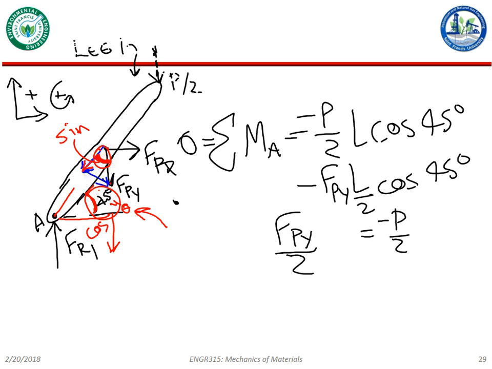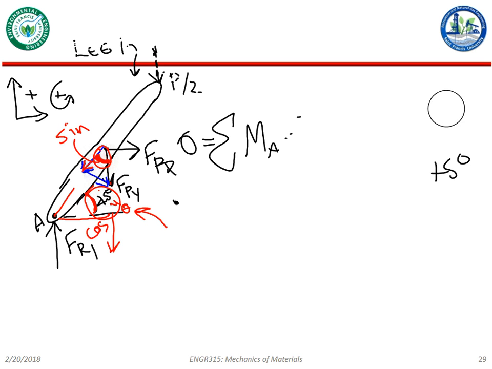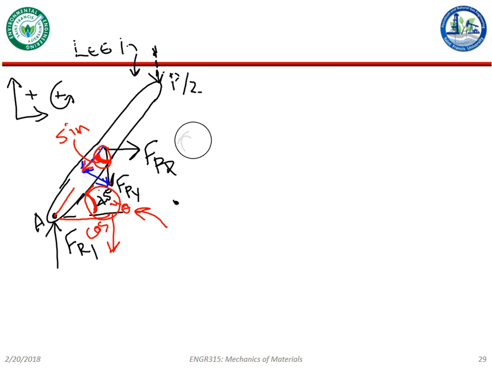No, because the negative comes from direction. It's just magnitude. So that's that, and if that's pushing up with 200, that has to be doing that.